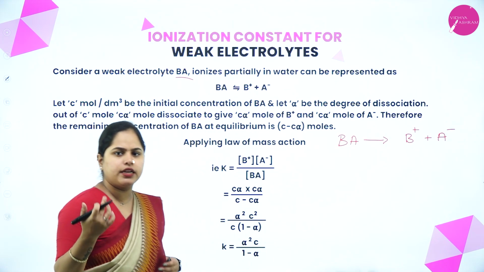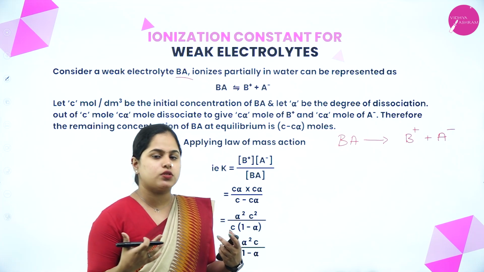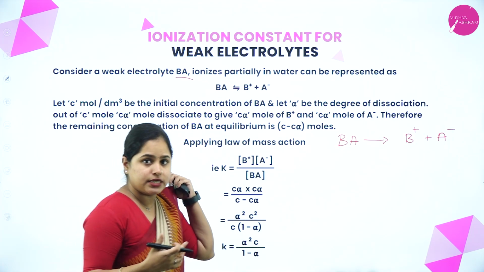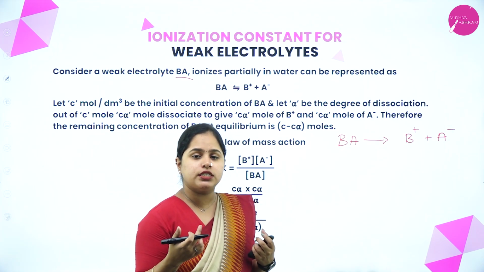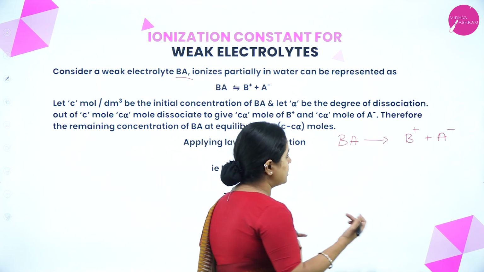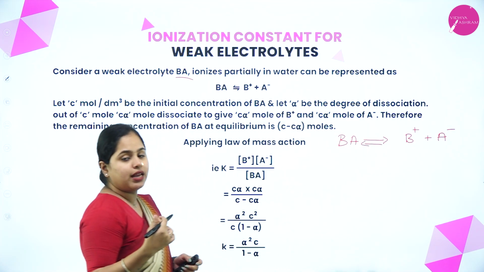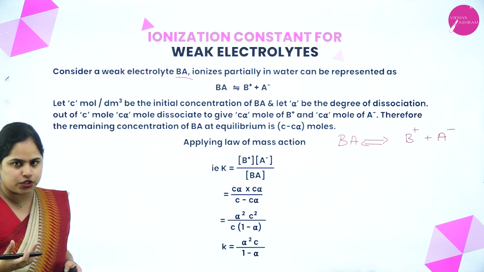It is a weak electrolyte, so it will not completely dissociate, but it will partially dissociate into B plus and A minus. Hence, partial dissociation means that at the same time when it is getting dissociated, B plus and A minus will also be forming BA.